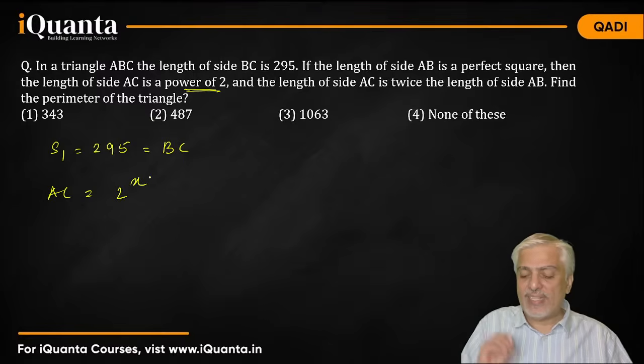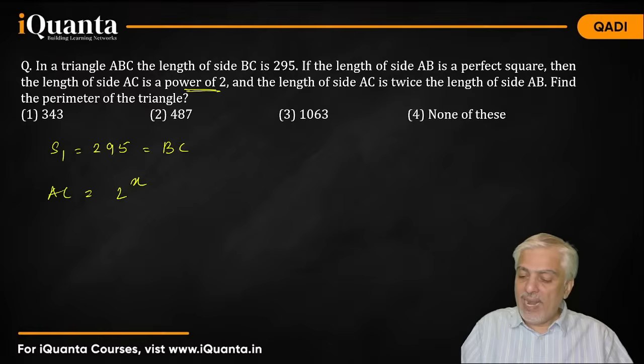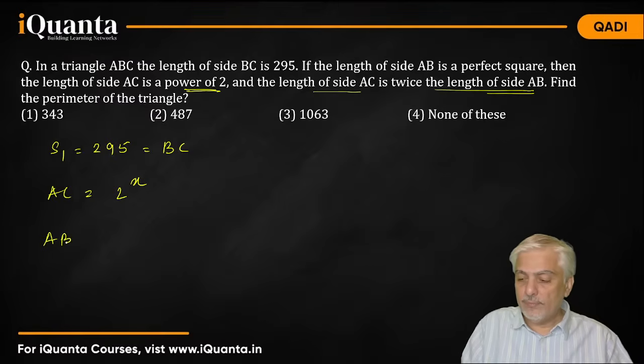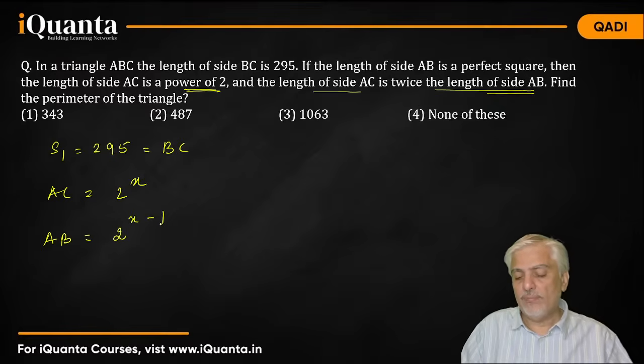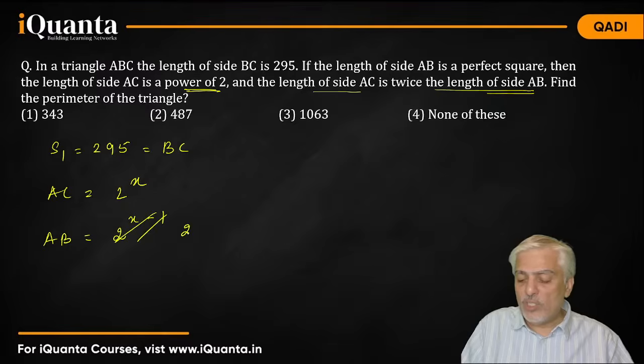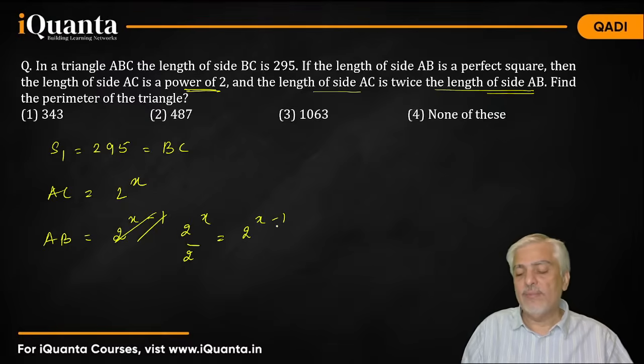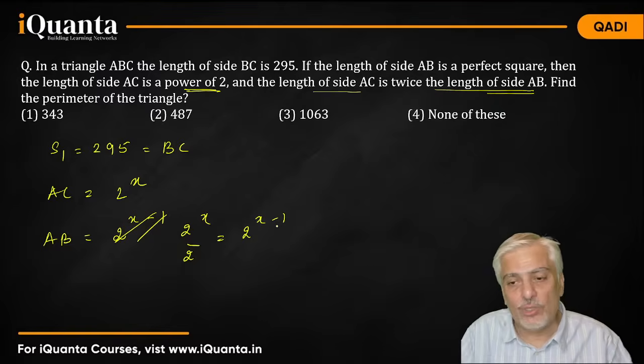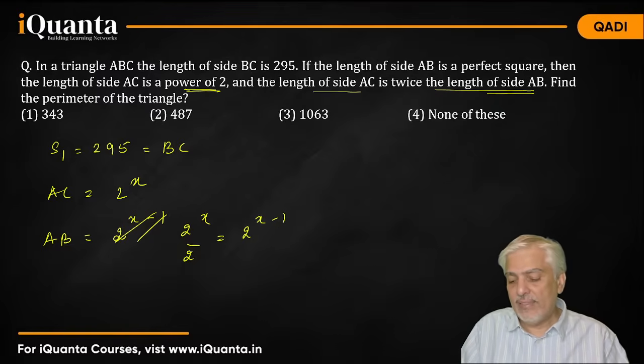So if I say AC is 2 raised to x, and the length of AC is twice the length of AB. So AB is actually 2 raised to x divided by 2, which will become 2 raised to x minus 1. Now, this all was not needed. You just had to understand it.